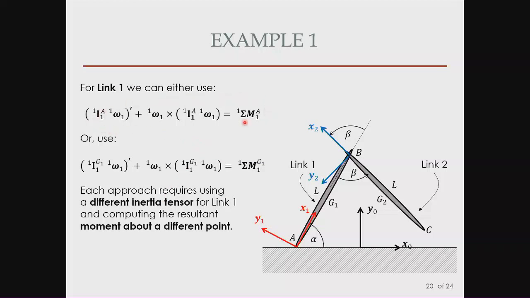Okay, so what is this equation here? I'm looking at link 1, okay, and I need to decide, first of all, whether link 1 performs purely rotational motion or not, and if yes, about which point.